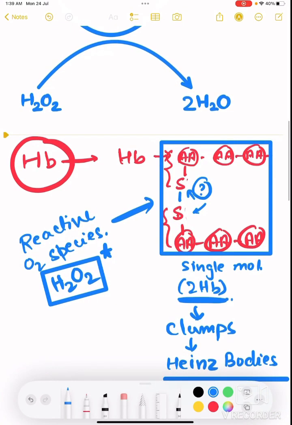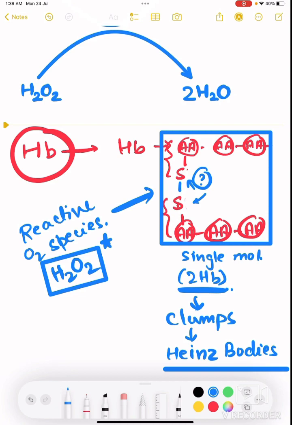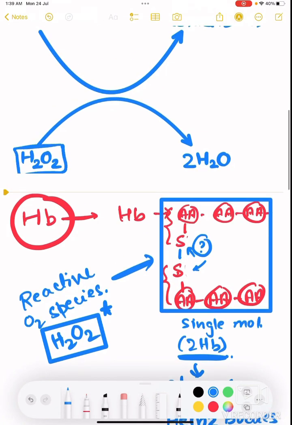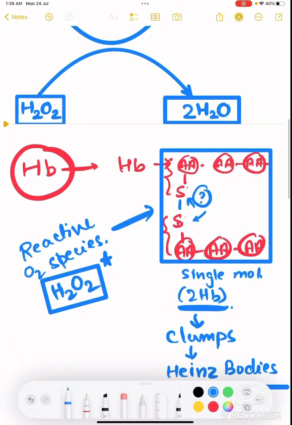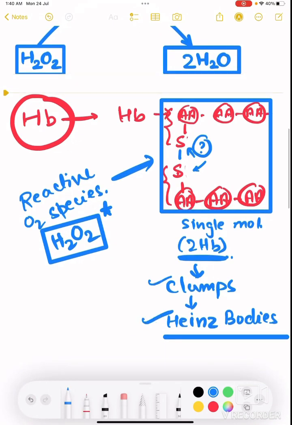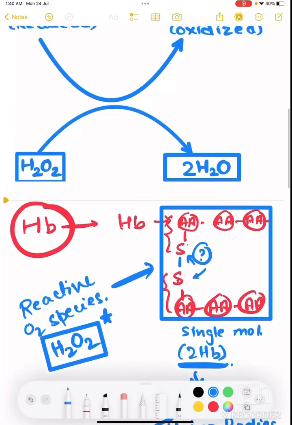So what it will do is take the H of one SH and another H from another SH of hemoglobin, and form water, as we can see in this picture. After the two H atoms are removed, the two sulfur atoms come together to join the hemoglobin molecules and form clumps and Heinz bodies. So this is the main pathology that occurs here.